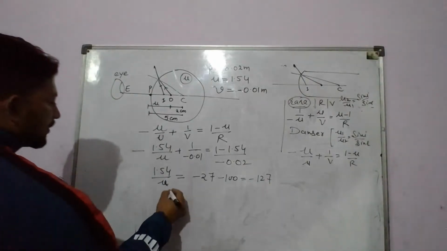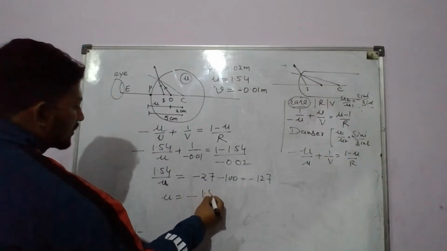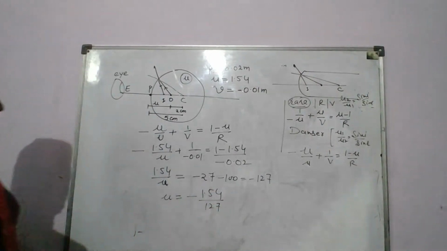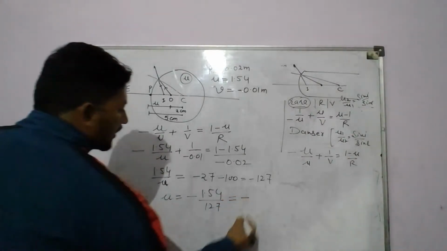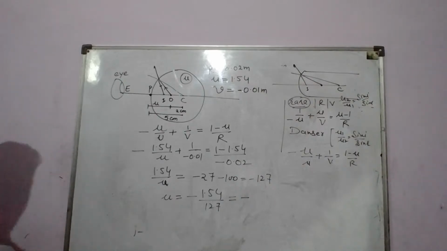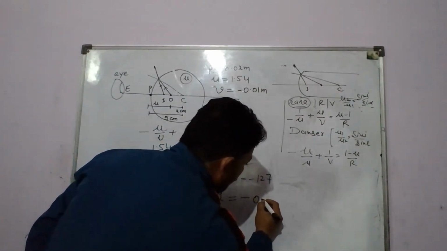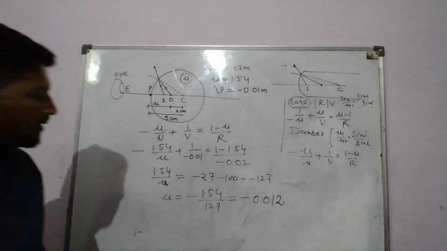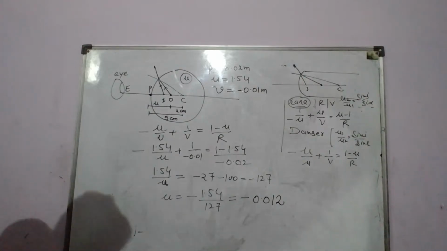It means u is equal to minus 1.54 upon 127. The object is always negative according to the sign convention, so that will be approximately 0.012 meter.